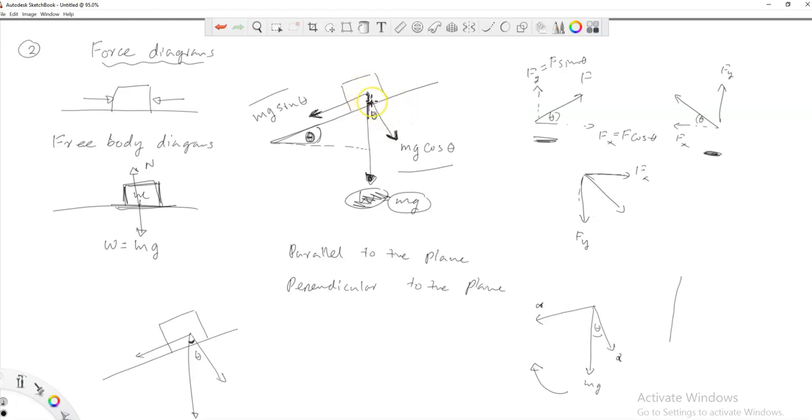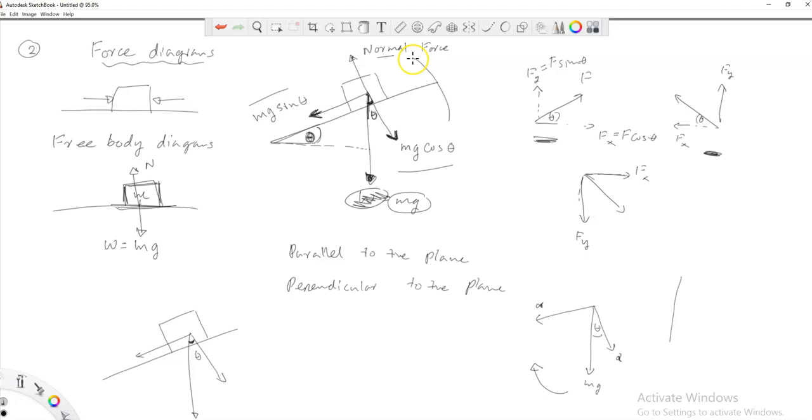So we have a normal force pushing back. In this case, it's going this way against this mg cosine theta. Remember, I told you this in class also. Normal means perpendicular. It's always perpendicular to the surface it's coming from. So here we have a normal force that will cancel out mg cosine theta.